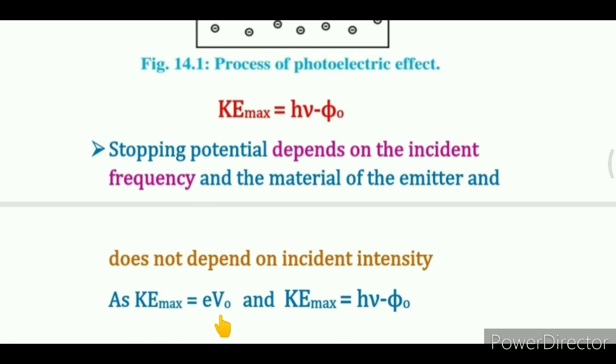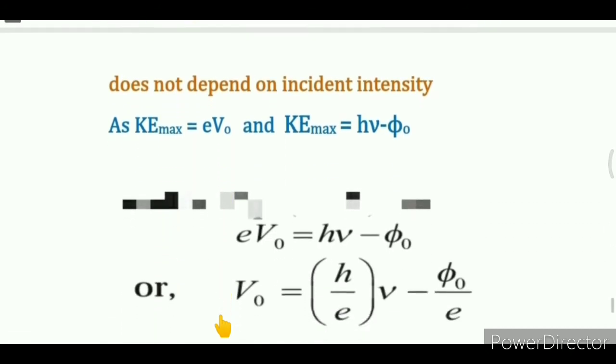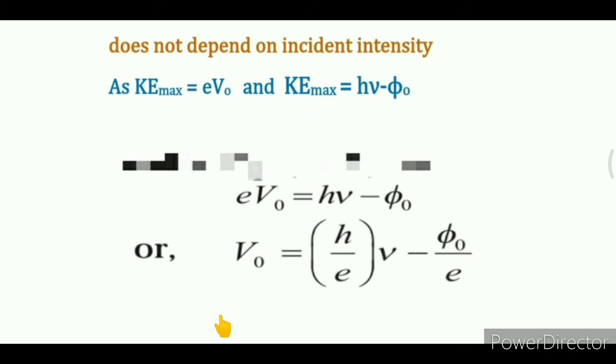When we consider this in Einstein's photoelectric equation, instead of the maximum kinetic energy, we write eV naught. It must be equal to h nu minus phi 0.